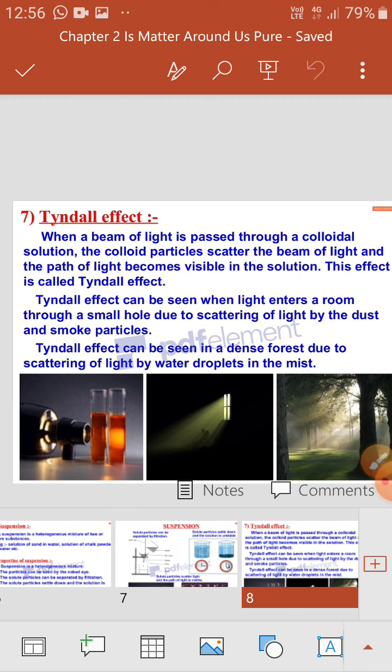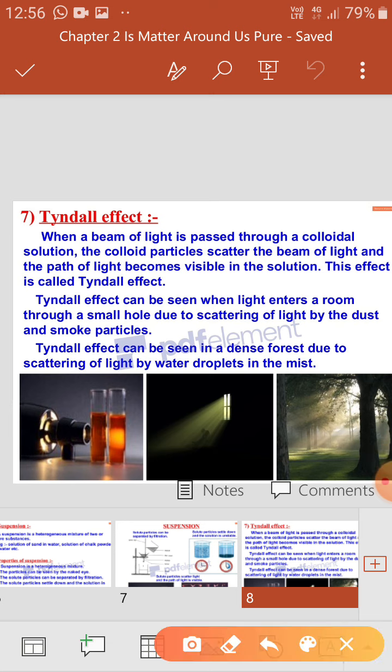Then comes a very important topic, that is the Tyndall effect. If you understand this scattering of light, you can easily understand the Tyndall effect. It is named after the scientist who discovered it. The Tyndall effect is when a beam of light is passed through a colloidal solution.